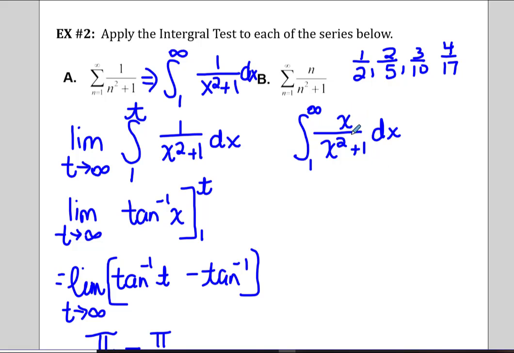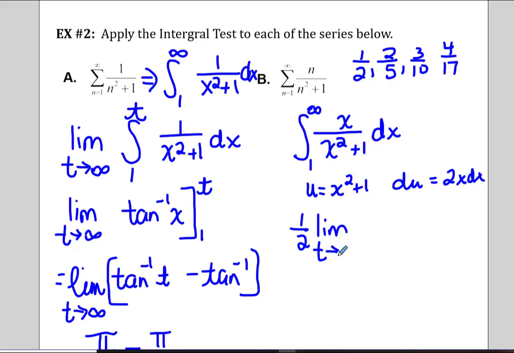We could use u substitution, and using u substitution for our denominator, we get 1/2 on the outside, and we're taking the limit, and again, I need a dummy variable. I'm happy to use t. You can use b or any other letter.